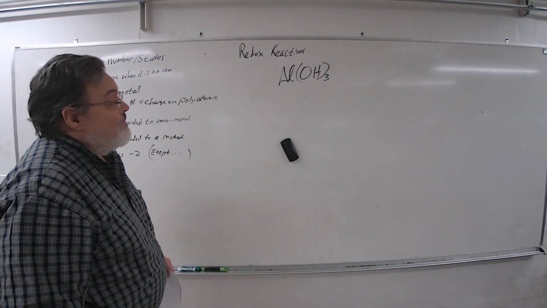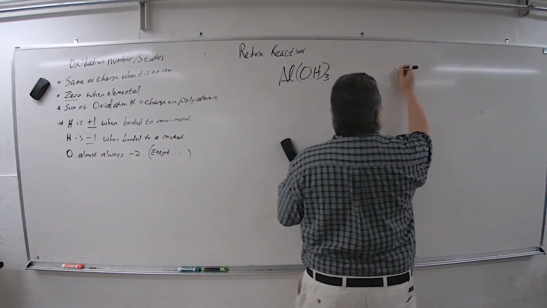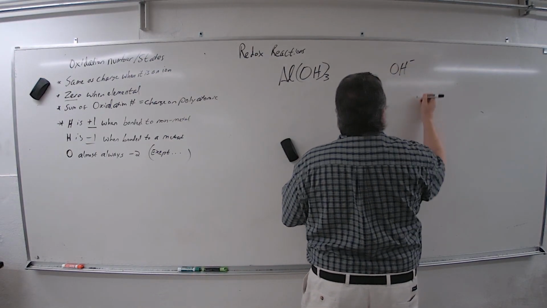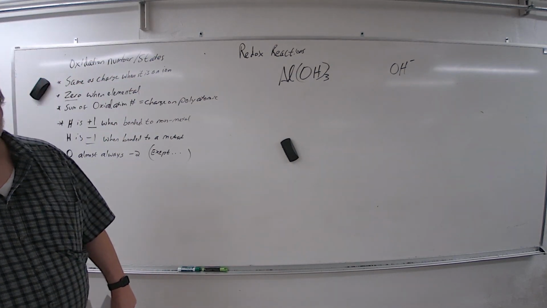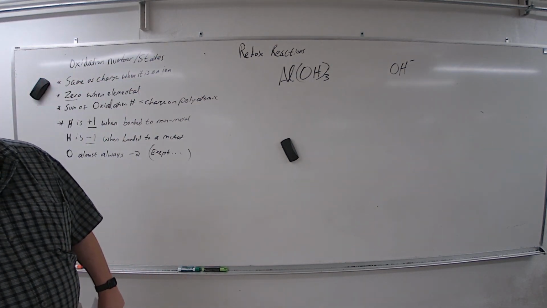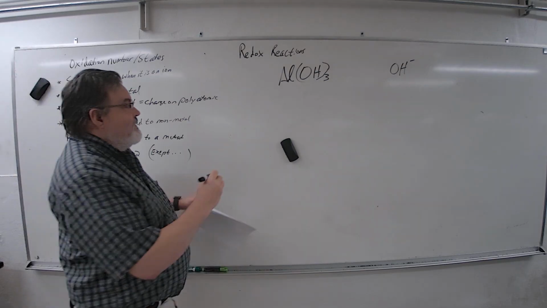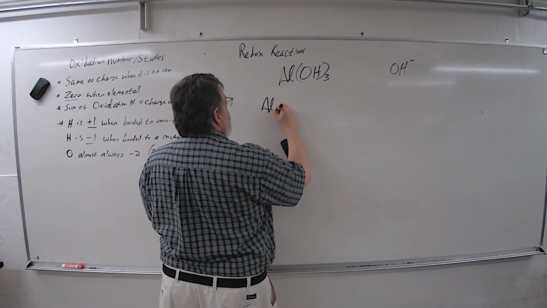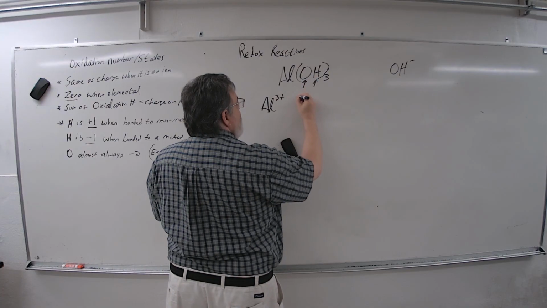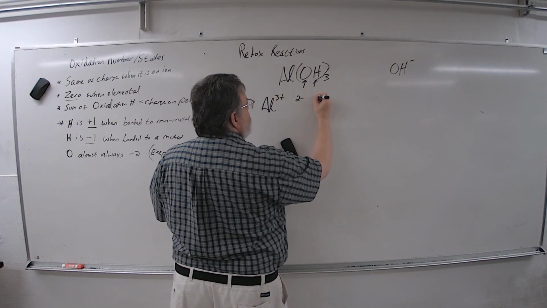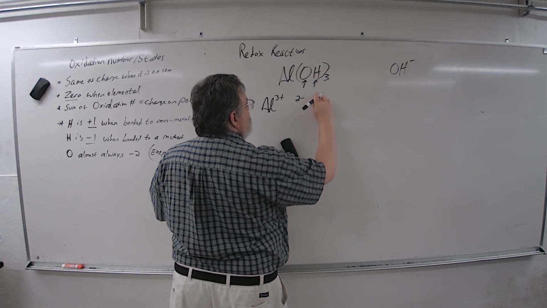Okay. So the charge on OH is negative as a polyatomic ion. What's the charge on aluminum? And I already went through these. Oxygen is 2 negative and hydrogen is 1 plus.